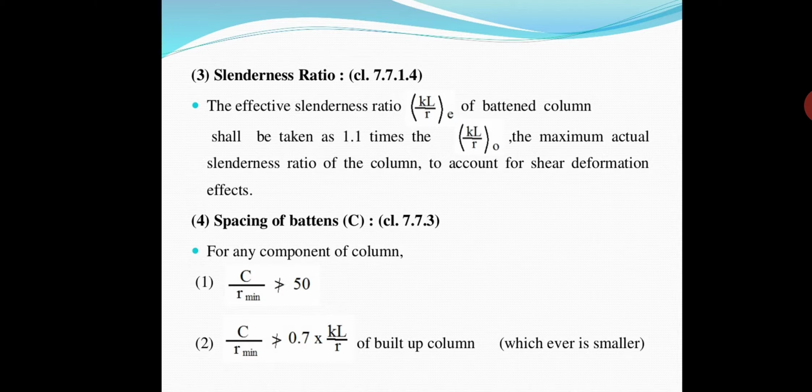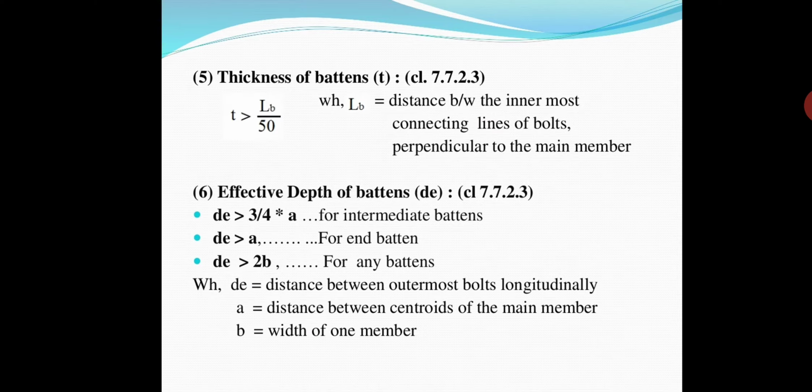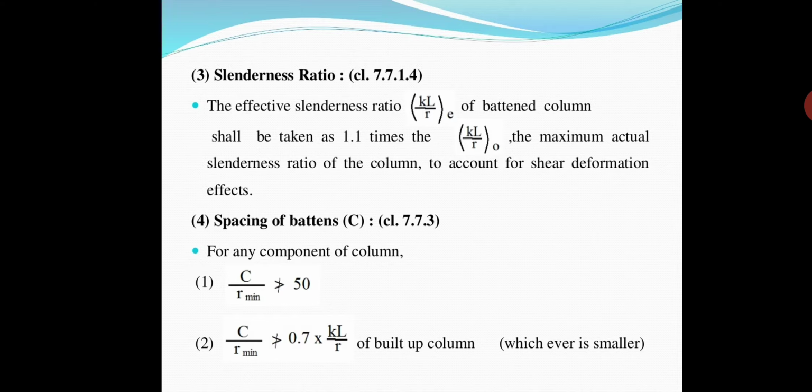Next step, the spacing of battens, denoted by C, clause number 7.7.3. For any component of the column, there are two criteria for finding C. First, C/r minimum not greater than 50.